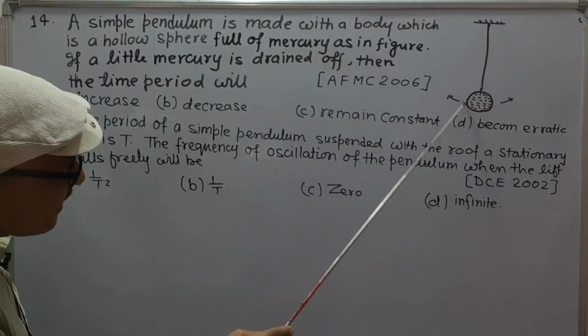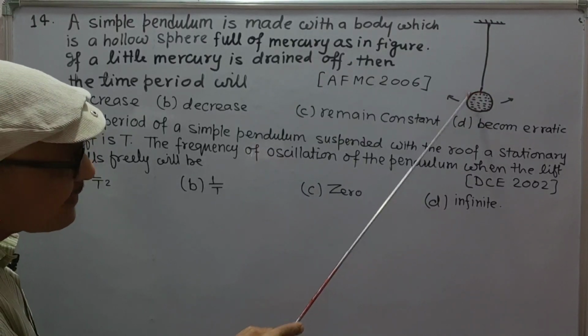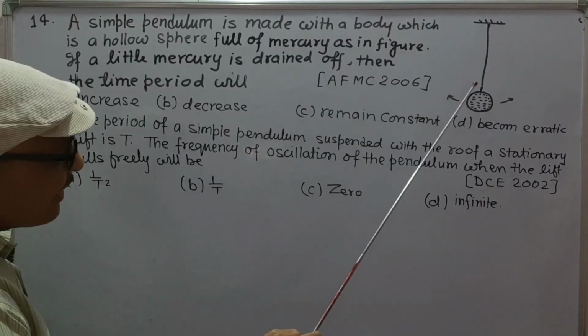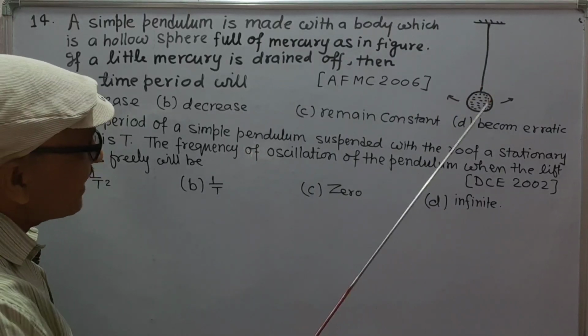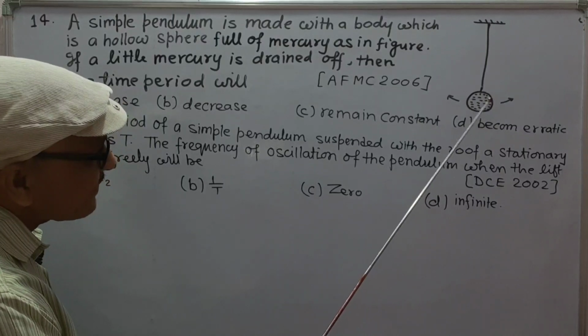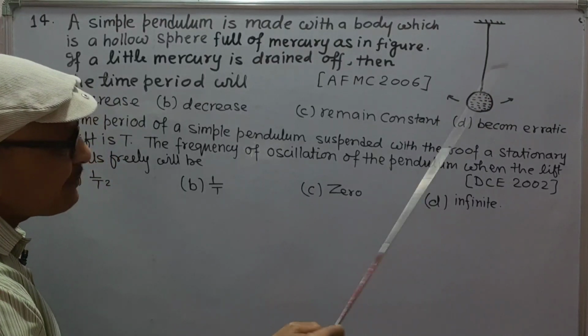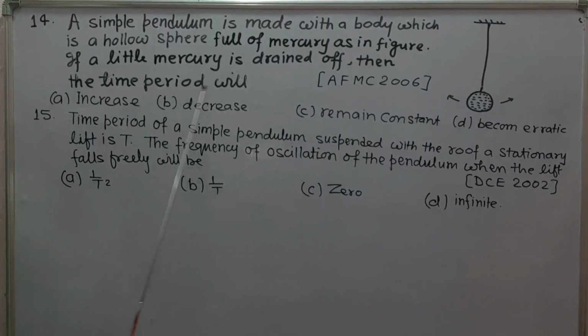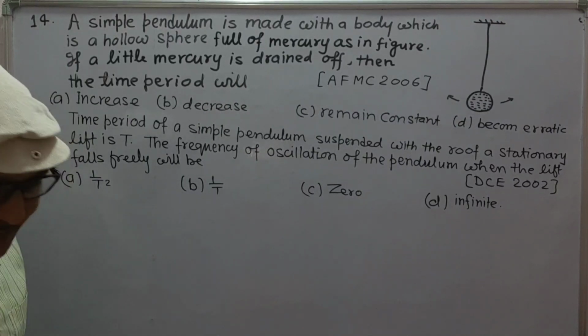Its bob is a hollow sphere which is completely filled with mercury. In this case, time period is T. When some mercury is drained off, means spilled out, then its new time period will, these are the options.